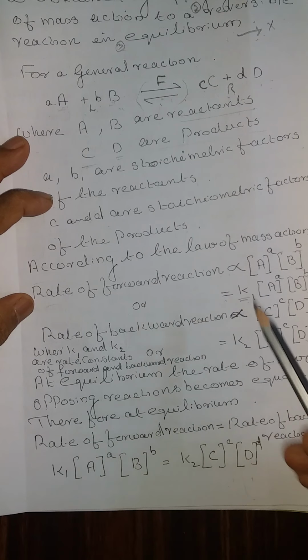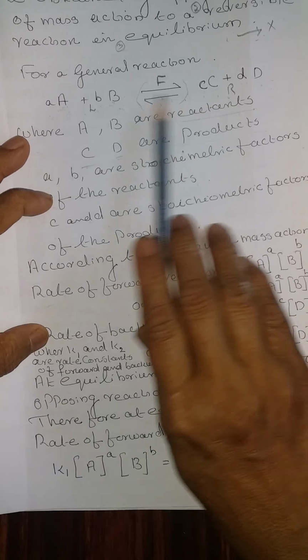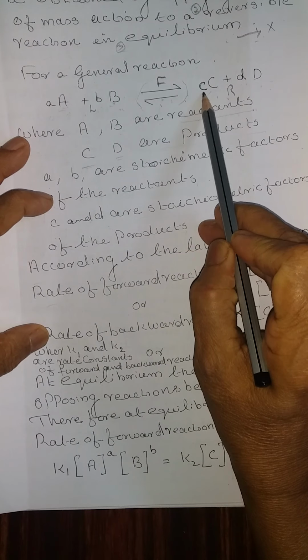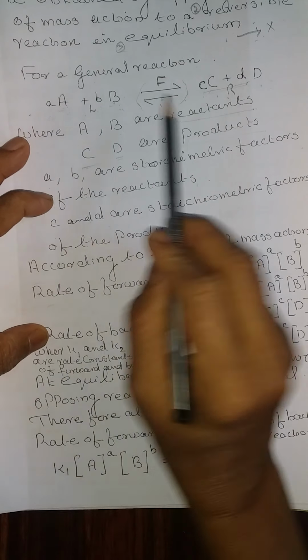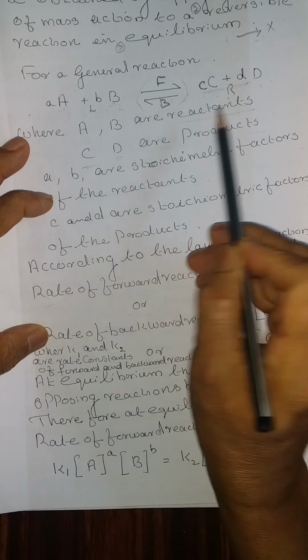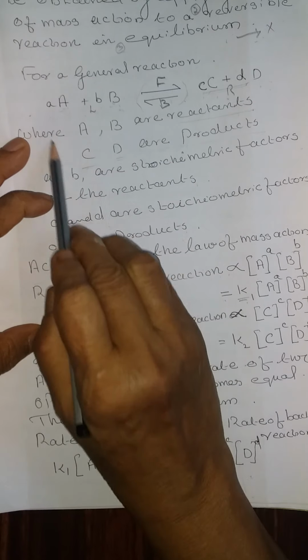Similarly, backward reaction means the products will react together and give the reactants. That means the right hand side reacts and forms the left hand side. That reaction is known as backward reaction or reverse reaction.